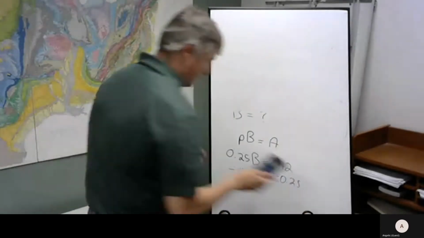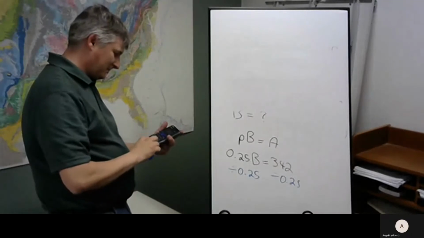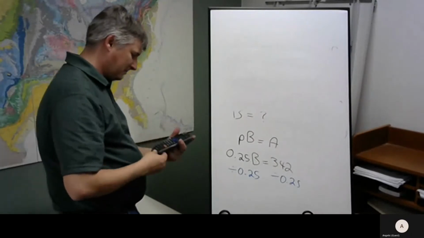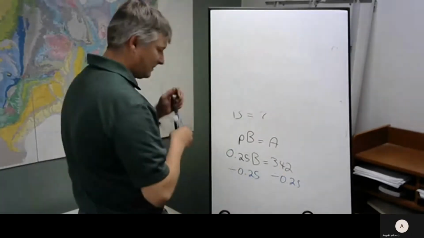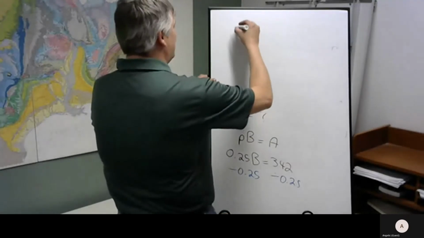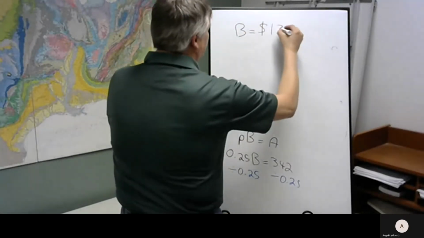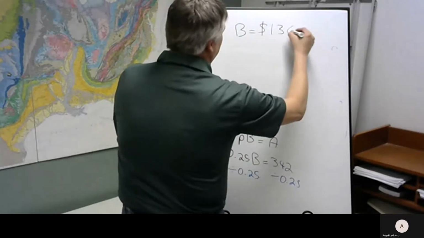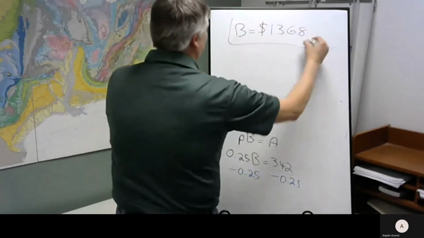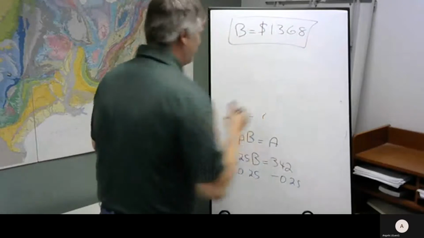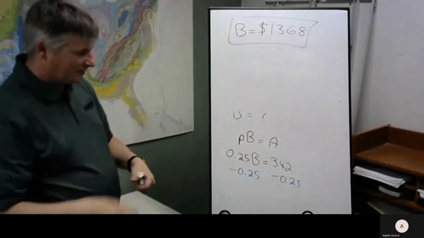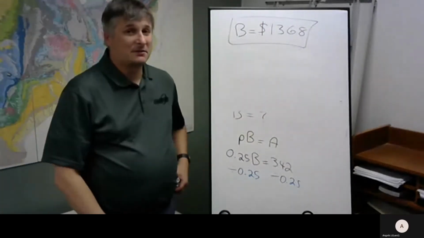Let's see here. We'll get B is $1,368. And so that's going to be your answer.